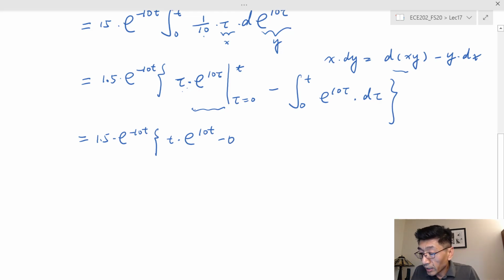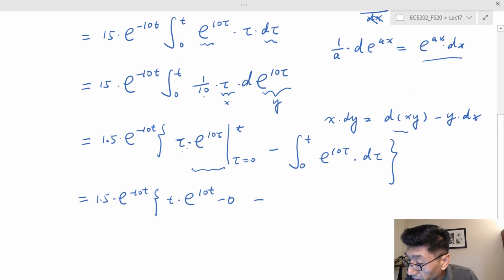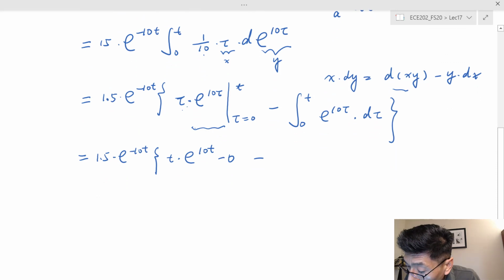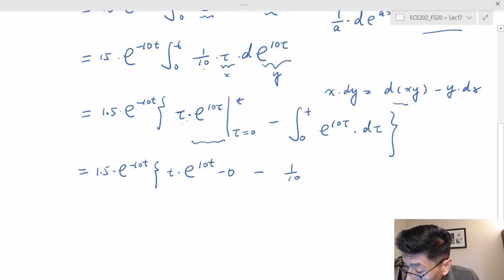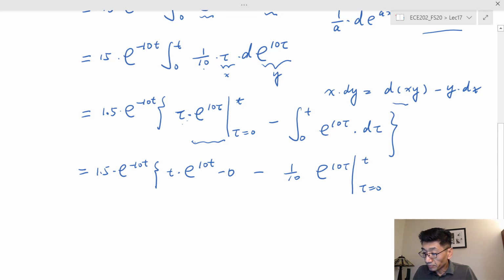And the second term here, I'm going to use the same thing we had before, right? So e to the ax dx is equal to 1 over a, so in this case I'm getting 1 over 10 and e to the 10 tau. Now I evaluate that at tau equal to 0 and t, right?